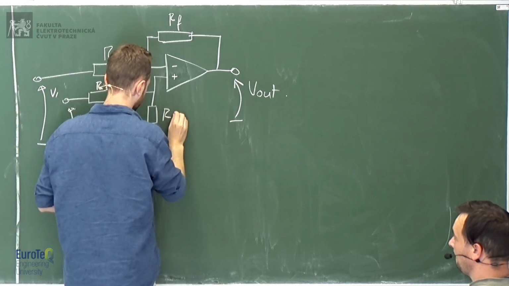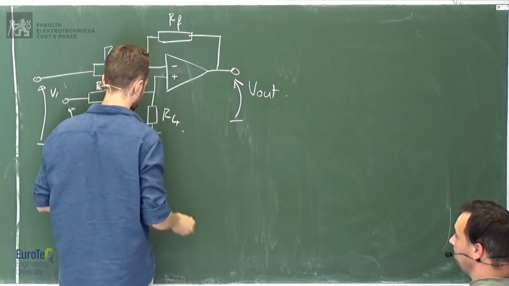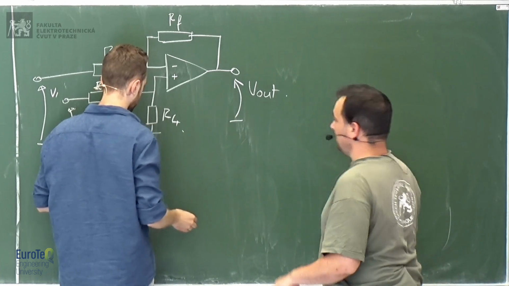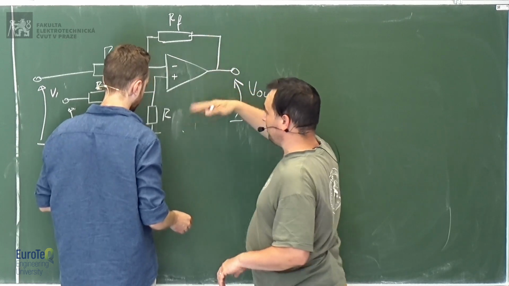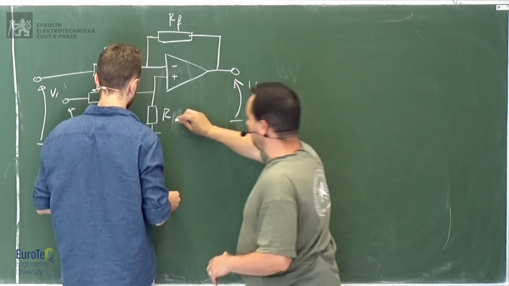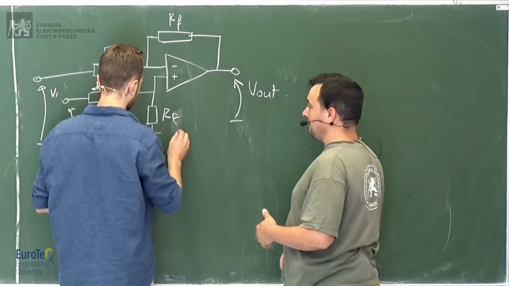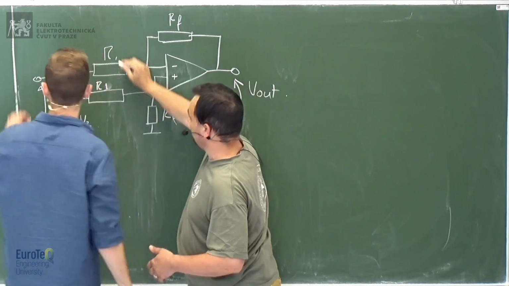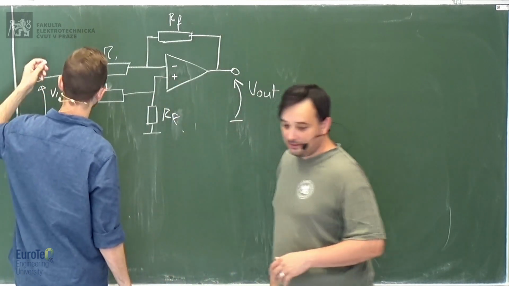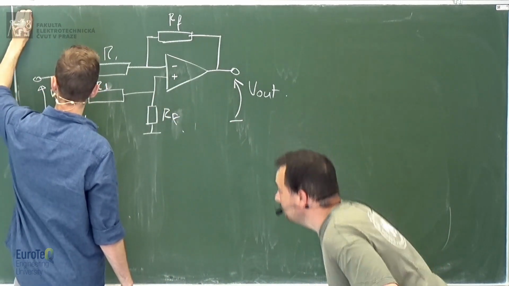I would say let's go directly to the specific case, because generally speaking, these 4 resistors have different values, okay? But in reality, let's say R1 is, I don't know, 1 kilo.